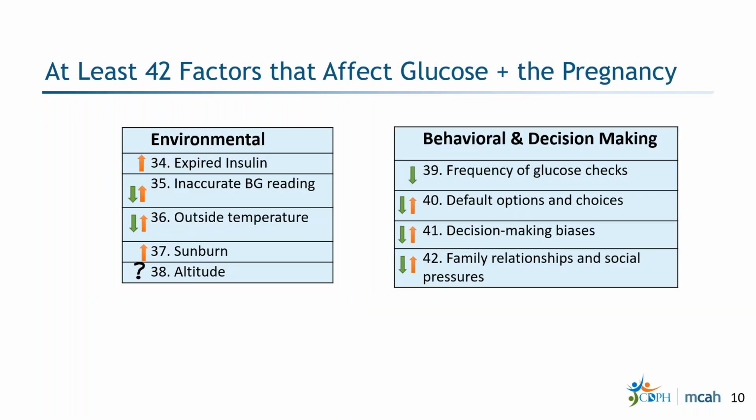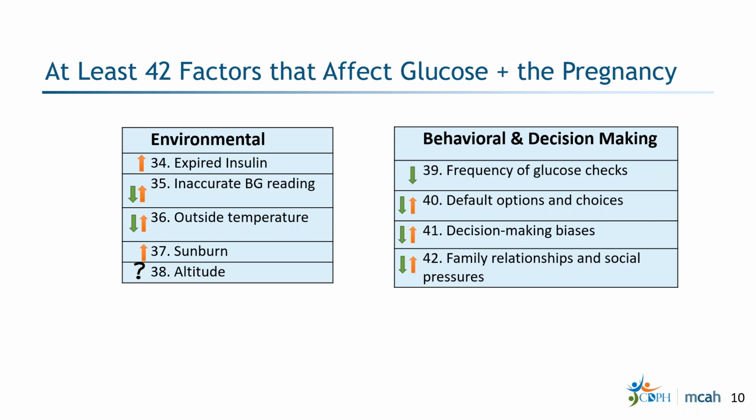And then to add to that, environmental. Even the temperature outside affects some people, raising or decreasing them. As well as other things we want to be mindful of, like expired insulin or keeping insulin, especially in the summer, in a hot car or outside. That can unfortunately be not as effective.